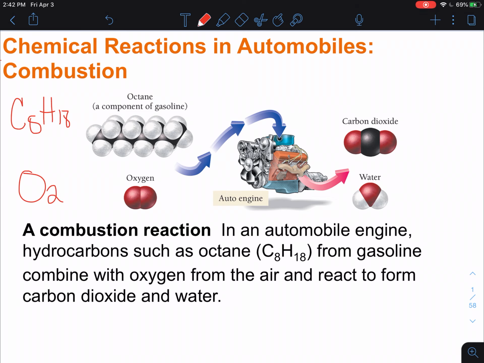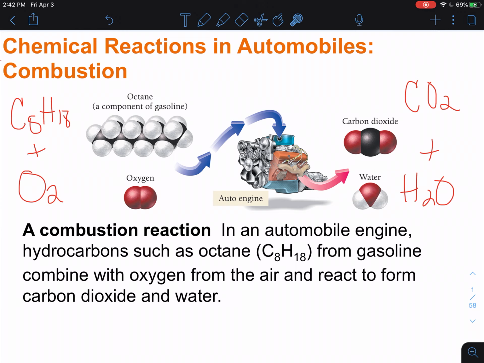Now these two are going to combine. They're going to react with a little bit of heat, and they're going to form carbon dioxide and water, H2O. Okay, so this is carbon dioxide, one carbon, 2 oxygens, and then water, 2 hydrogens and 1 oxygen.